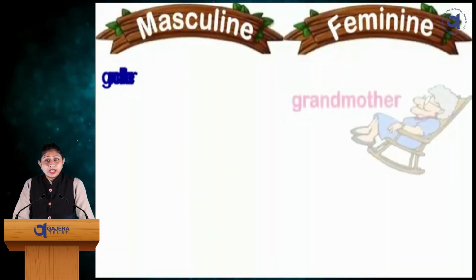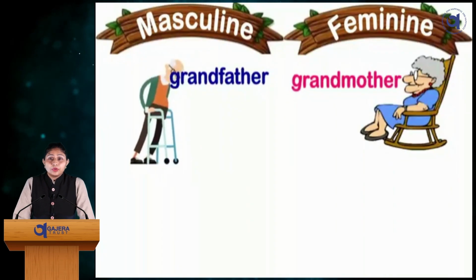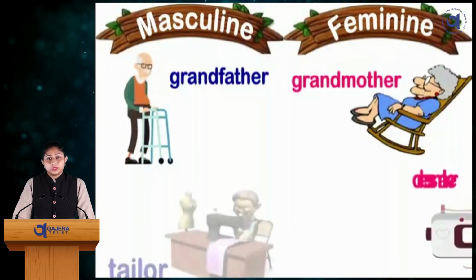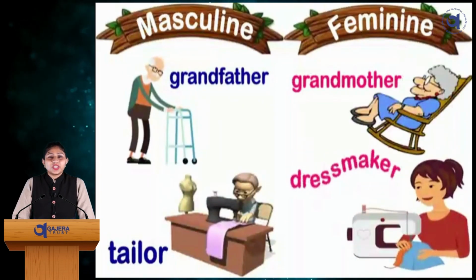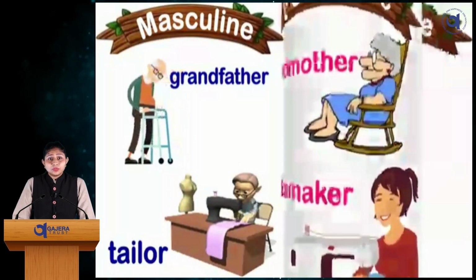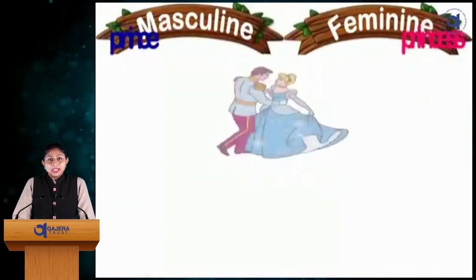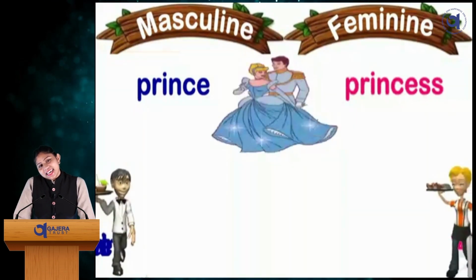Let's go ahead with another example. Grandfather and grandmother. After that, tailor and dressmaker. I hope you all are understanding with these examples, right? Now here come prince and princess.